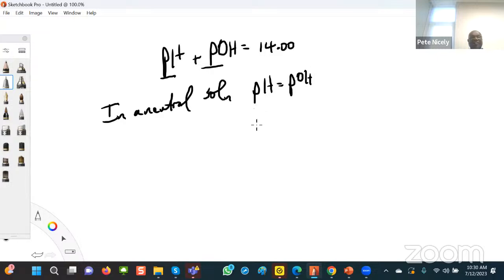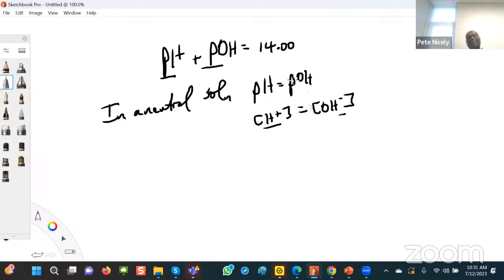And correspondingly, the concentration of H+ will be equal to the concentration of OH-. So in a neutral solution, like for example, pure water, the concentration of H+ and OH- will be the same, which means that the pH is equal to pOH.